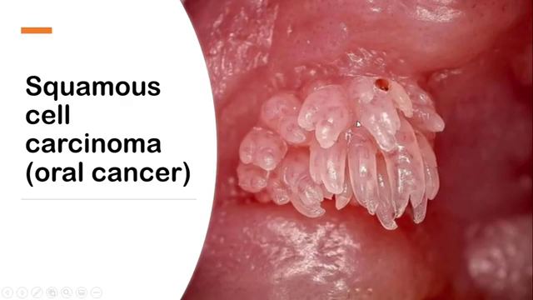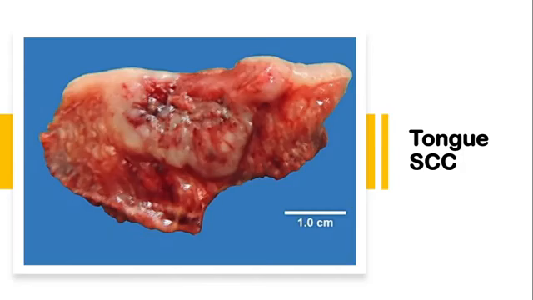Squamous cell carcinoma or oral cancer presents as an oral mass or feeling of discomfort within the mouth, or unfitted denture, or dislocation of a tooth, or bleeding, or an unhealed sore within the mouth. So irregularity, hardness and bleeding foci are features of cancer.